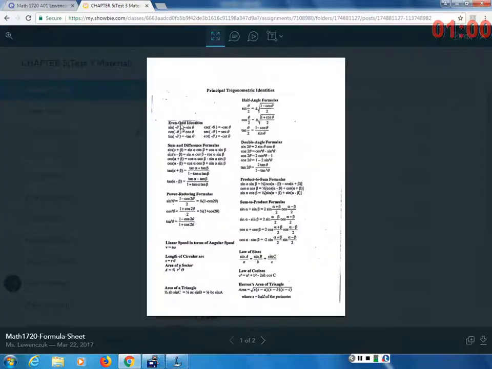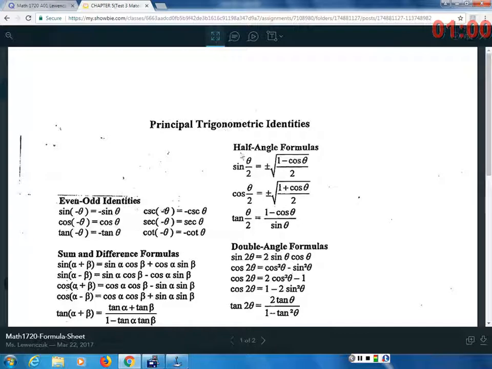You should print that out and use it, get used to using that. And by the way, it does say what the names of the formulas are. These are the half angle formulas, even odd identity, so it does put the labels on.